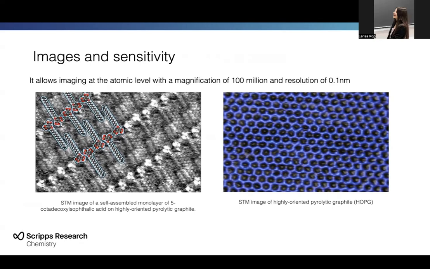Finally, the STM employs also a feedback loop to maintain a constant tunneling current by adjusting the tip's height. Given this high precision, it is possible to obtain high-resolution images of the surface, as in the following pictures, where the structure of the molecules is quite clear.